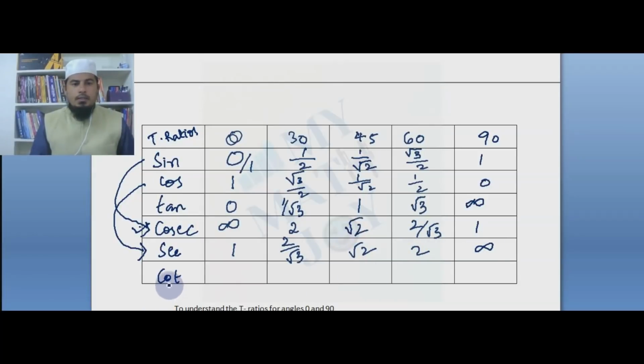Cot you can get by complementing tan or by taking the reciprocal of tan. Complement means writing from the right side, otherwise reciprocal. If you take the reciprocal, you get the same answer, and if you write from the right side, you also get the same answer. It's an amazing thing here. Infinity, root 3, 1, 1 by root 3 and 0.